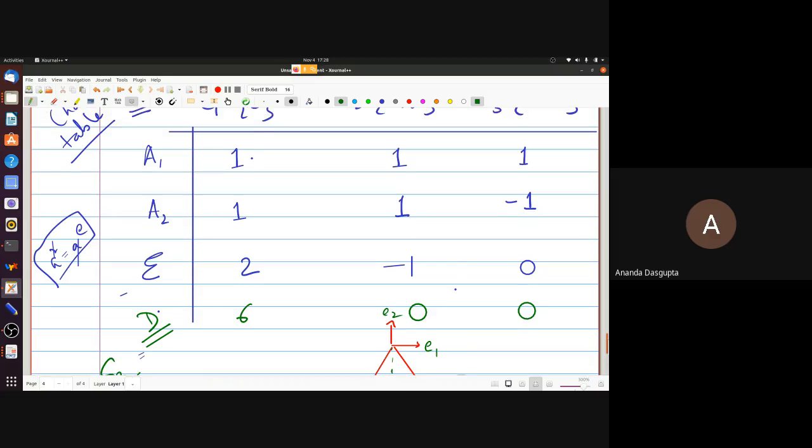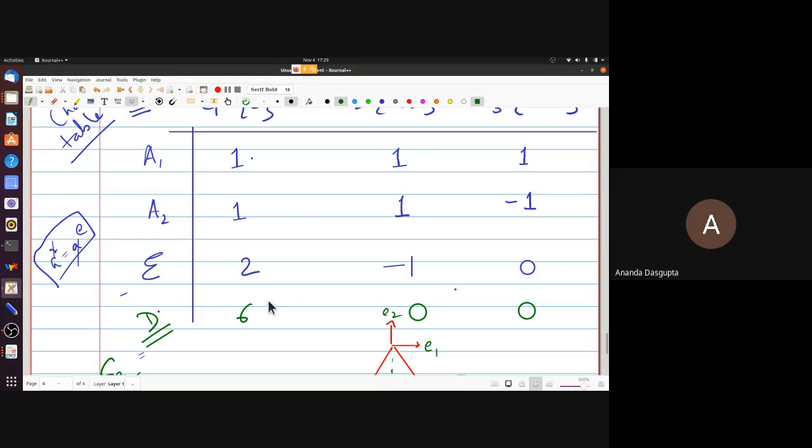But now that we have these characters, can you tell me how many times each irrep occurs? You can of course use the M alpha formula, but you don't need to because you've already seen this once.